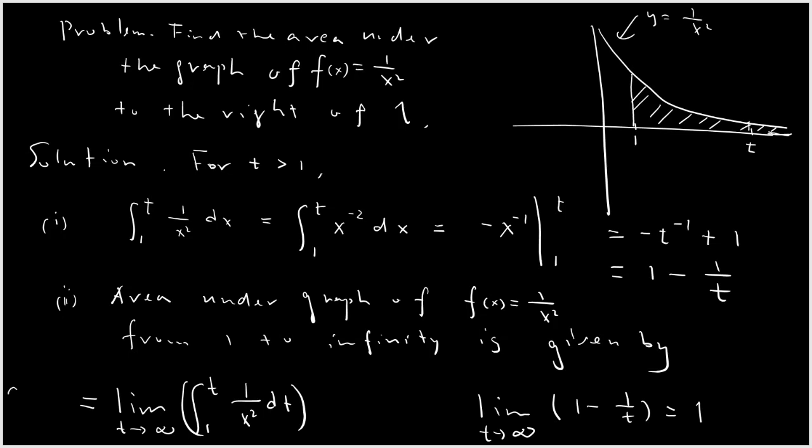We use a notation like this to denote the type 1 improper integral from 1 to infinity of 1 over x squared dx. So that's how we define the type 1 improper integral.